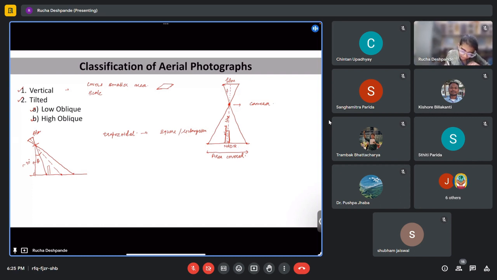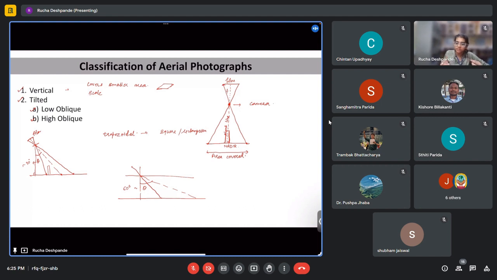And then second, we have high oblique. Here in high oblique, this angle would be up to 60 degrees.